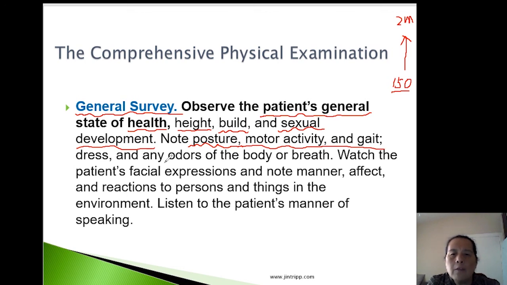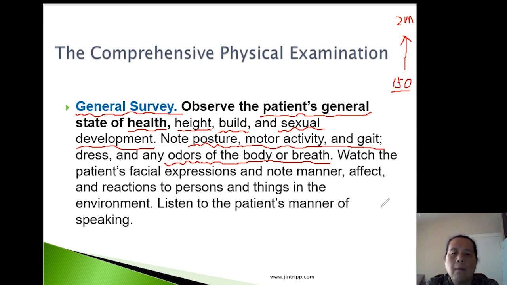We also pay attention to whether there is a special kind of smell coming from the patient or from the patient's breathing. Normally we don't have a special abnormal smell.